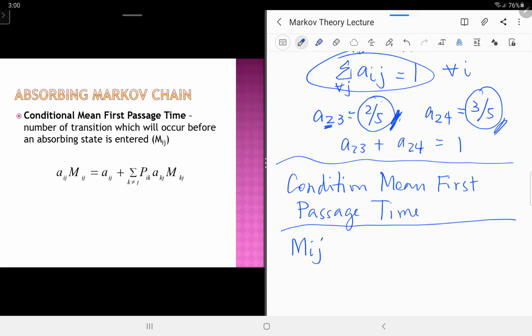Okay, again, we're talking about conditional mean passage time.